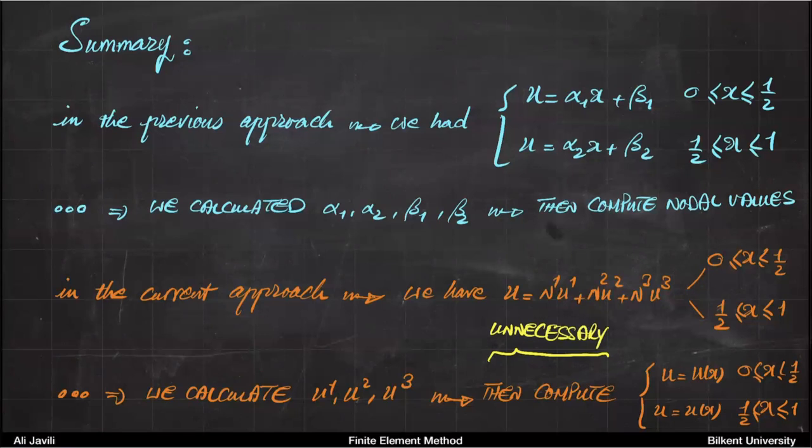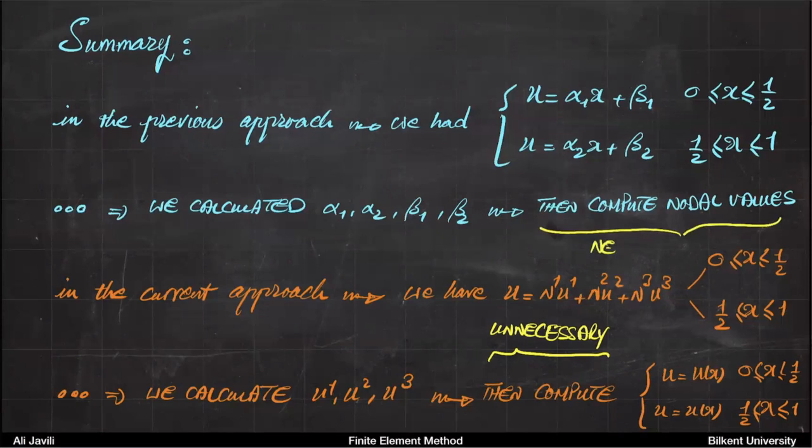But this one, on the other hand, is not a choice. This is exactly the unknowns of the problem. If I give you a structure and ask you to calculate the deformation of the structure or the displacements of the nodes, you have to compute the nodal values.